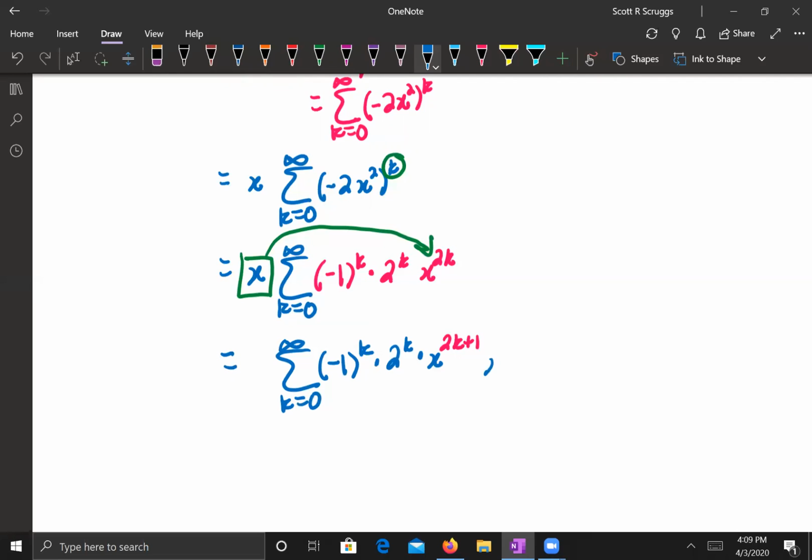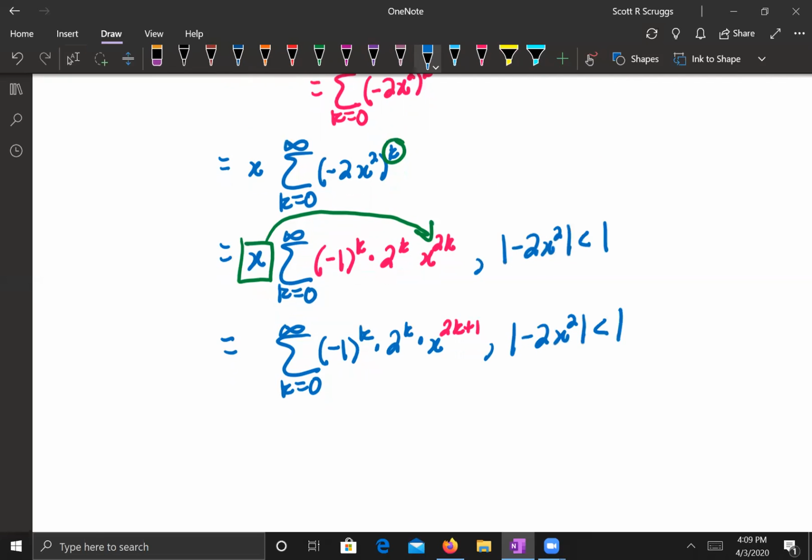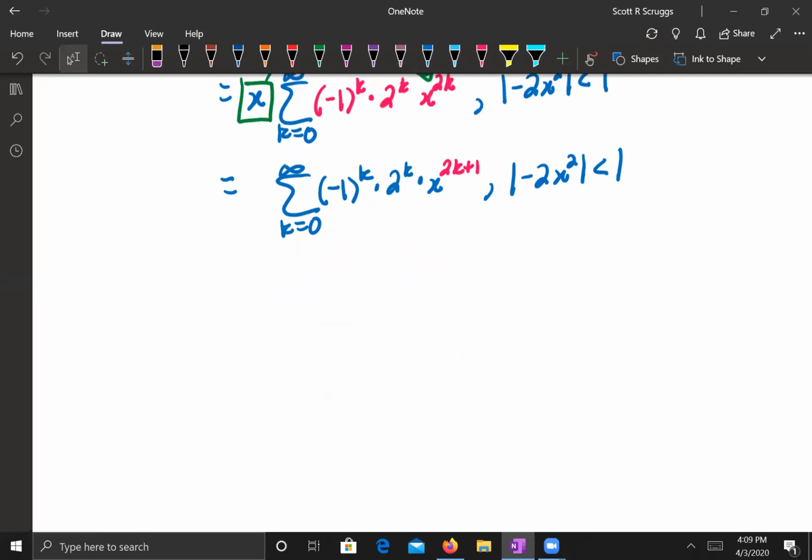Because we used the formula for geometric series for convergence, I technically need here the absolute value of negative 2x squared to be less than 1 to verify and validate that claim. So there's my brand new power series.